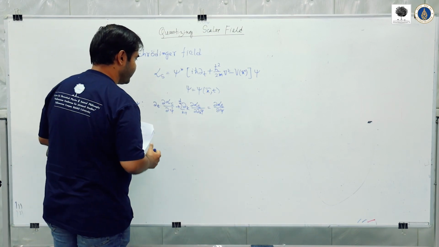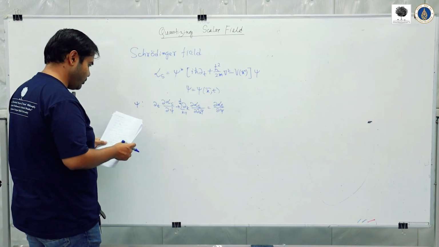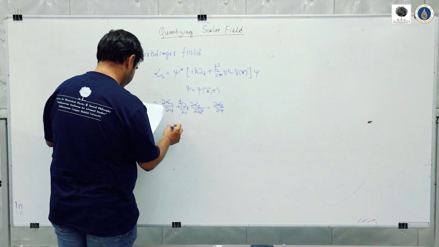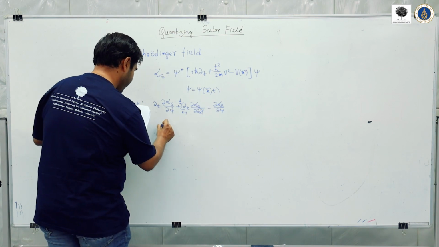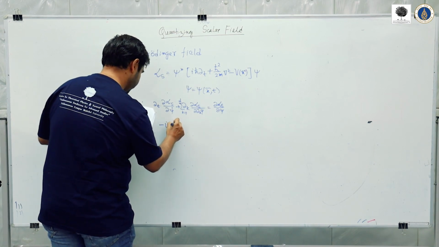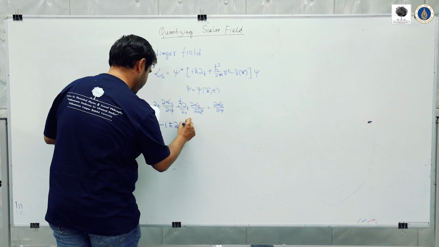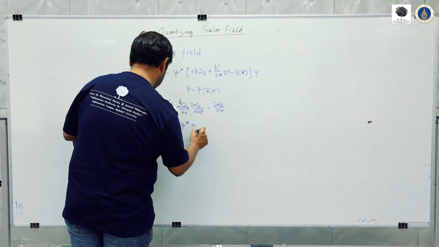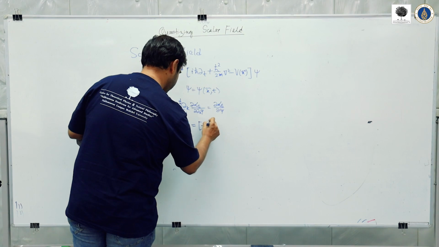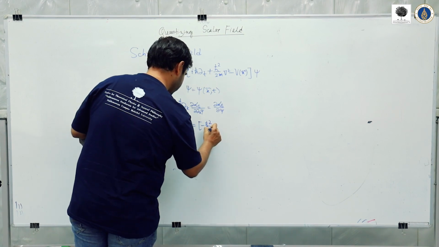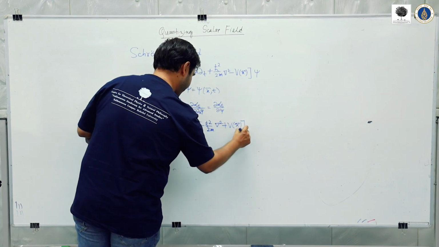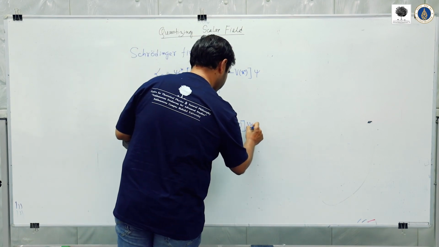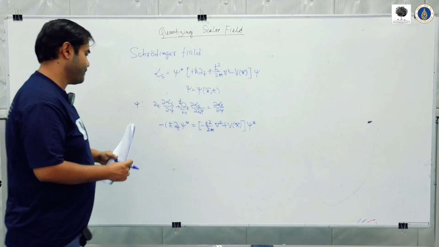So you will arrive at the equation, which will be actually minus i h bar ∂t psi star is equal to minus h bar square by 2m Laplacian psi star plus V psi star.